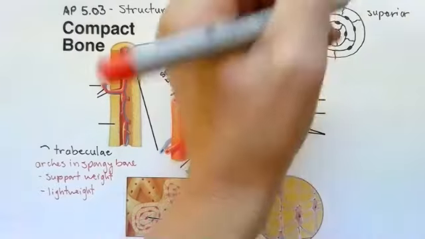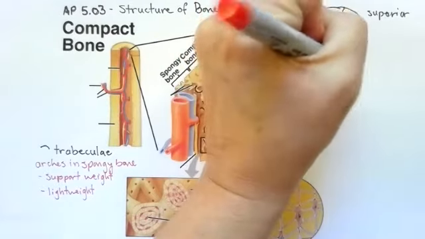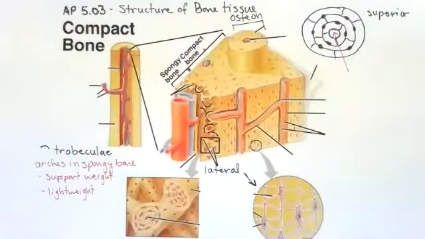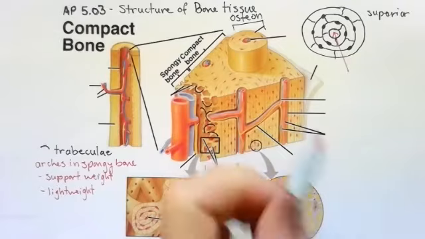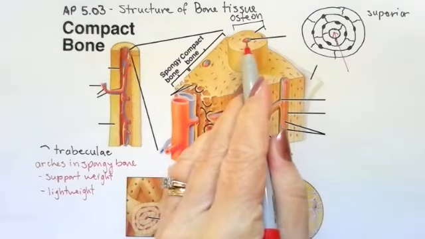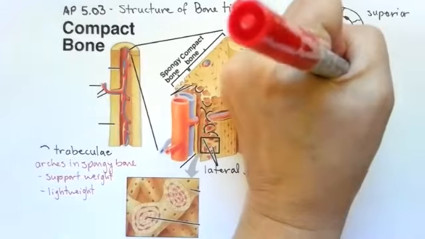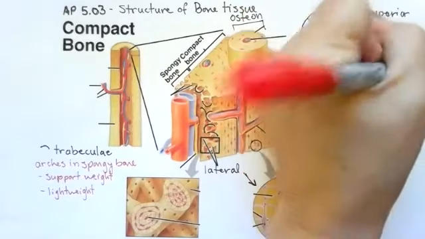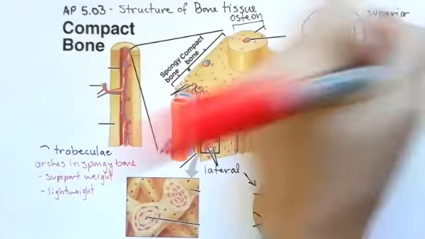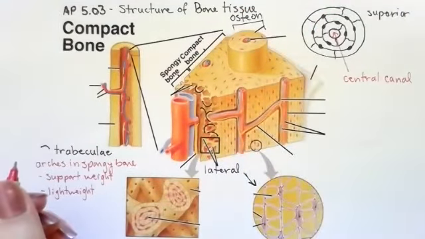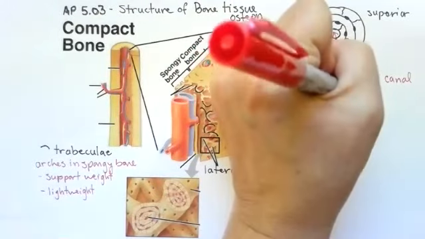All right, and I'm going to color code. So in red, we have a center section, and in this case, you can see it's filled with blood vessels. This is called the central canal. You have to learn 2 terms for this. It's also called a Haversian canal.